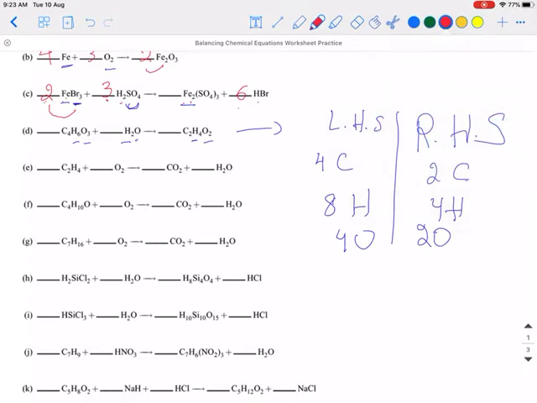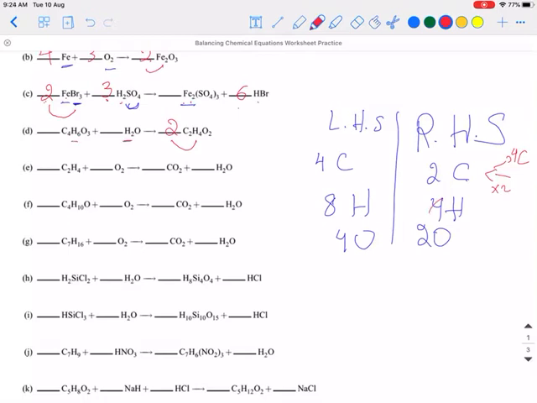Again, we want to make all the atoms equal on both hand sides. So 4 carbon, 2 carbon, one option is to multiply this by 2 to give me 4 carbon. So I put here 2. When I put 2 on the right hand side, the hydrogen turns 2 times 4, 8.